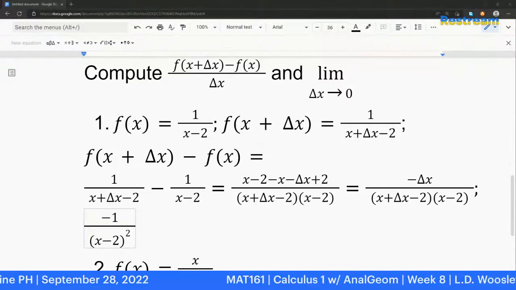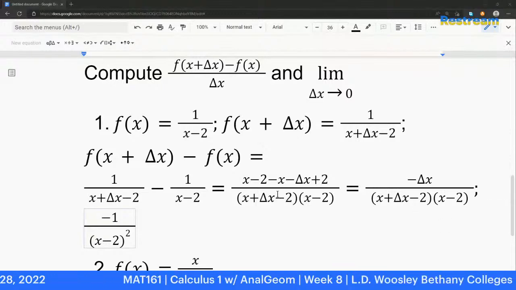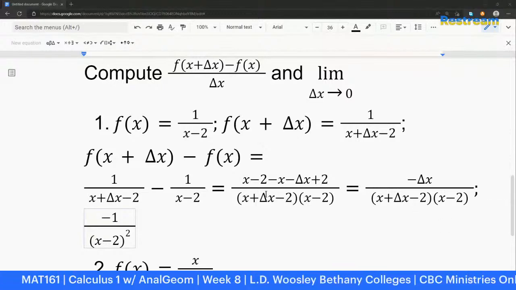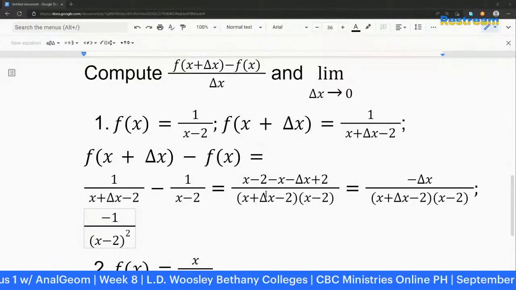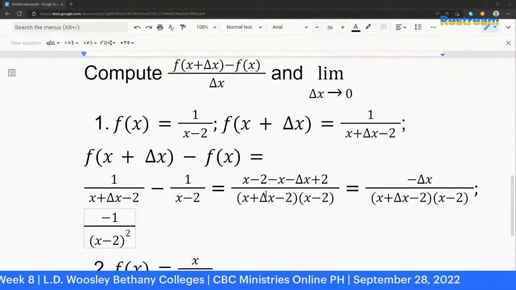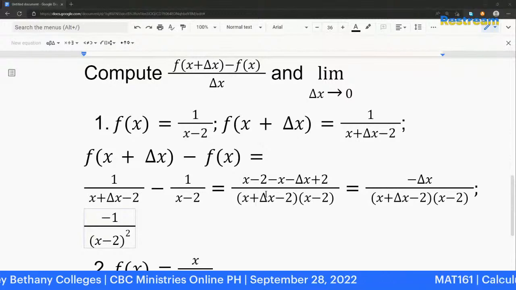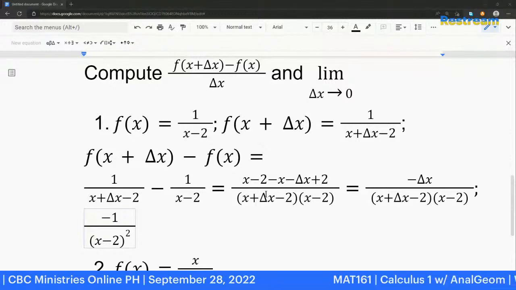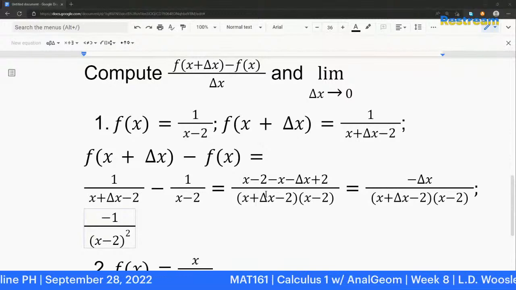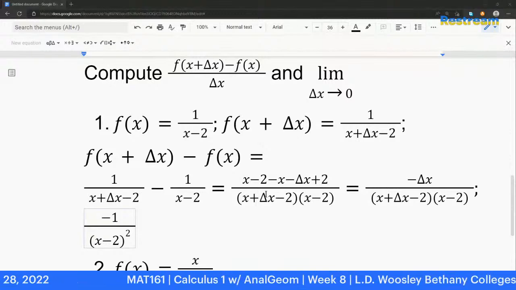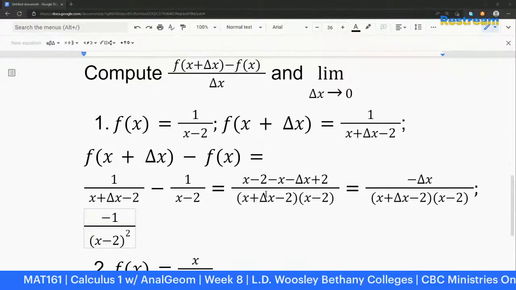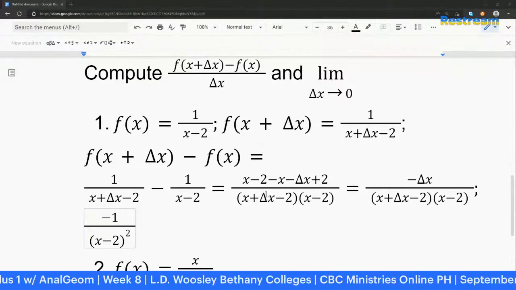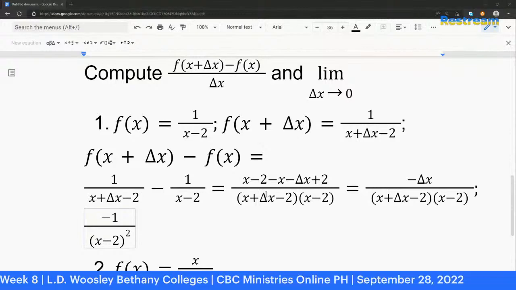Least common denominator yan, no? Ang magiging issue yung numerator eh. X minus 2, check. Minus x, minus delta x plus 2. Ganito po, sir. Nung sinimplify, tanggal si x, tanggal si 2.